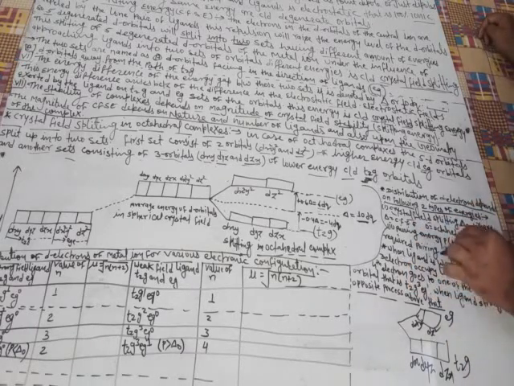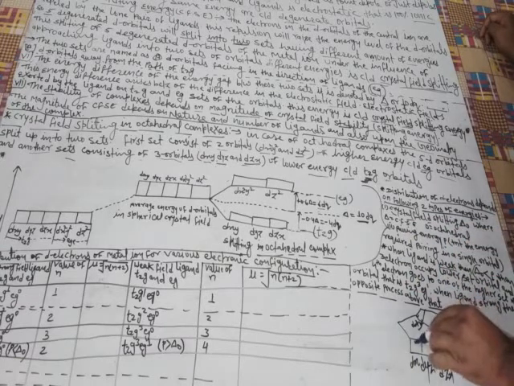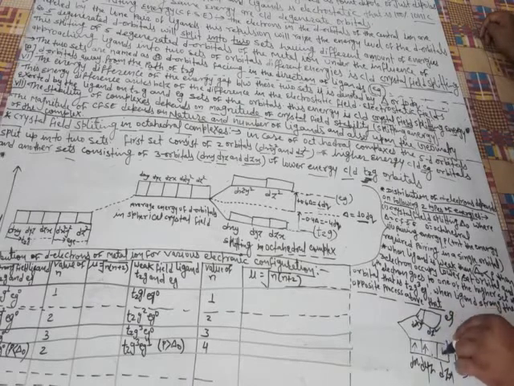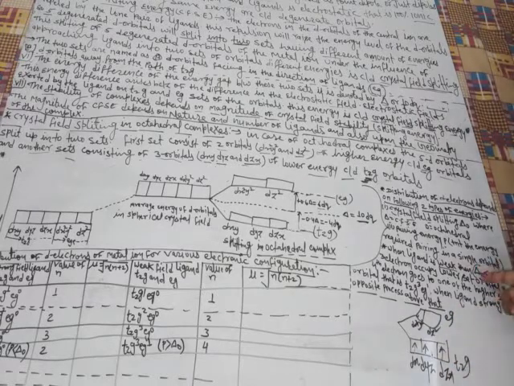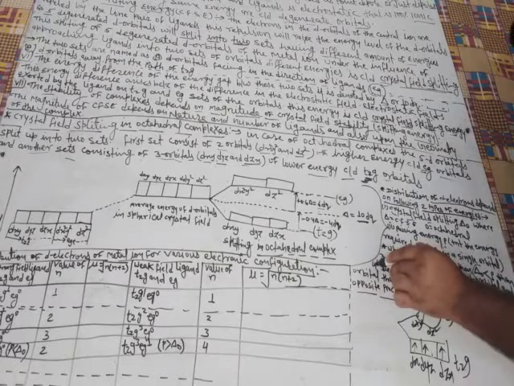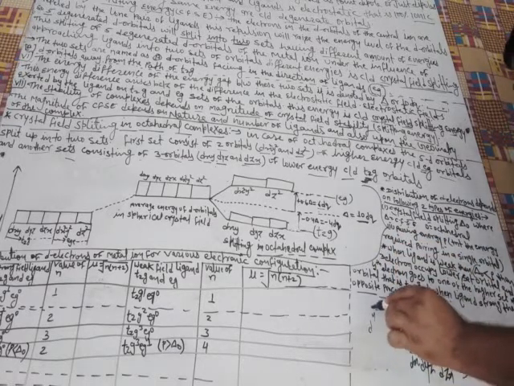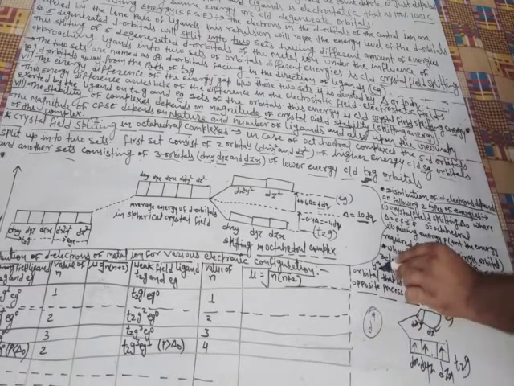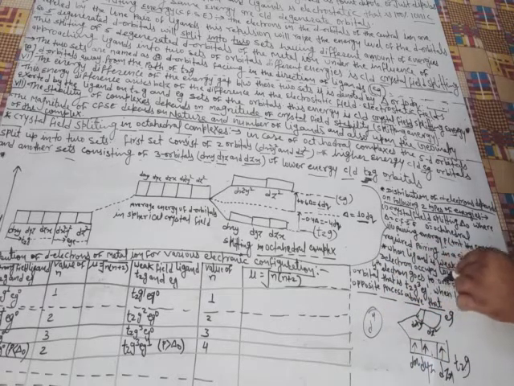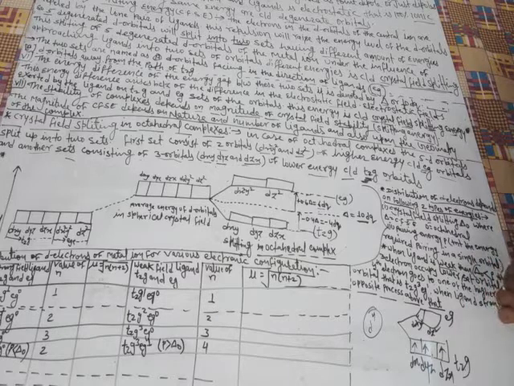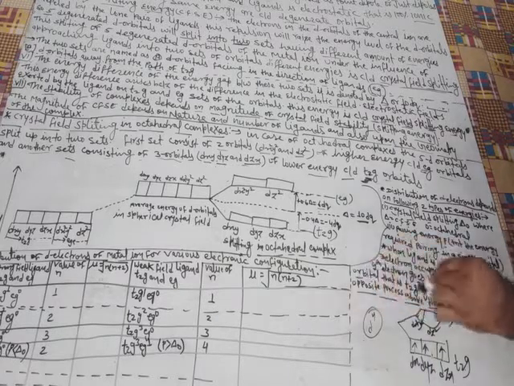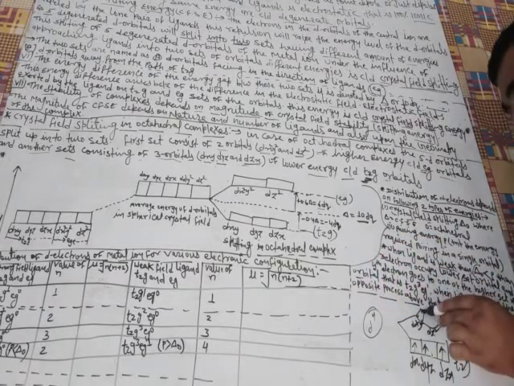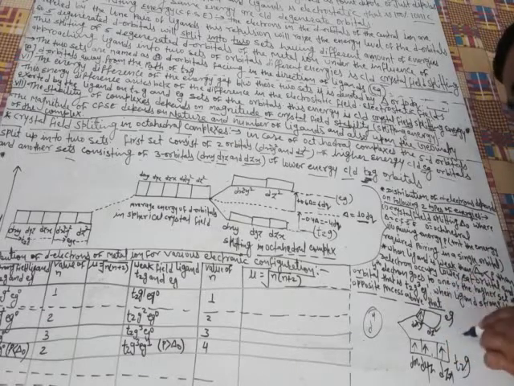When the ligand is weak, 3 electrons, 1, 2, and also 3, go into the lower set of orbitals, and the 4th electron goes to the higher set. When the d electronic configuration is d4, the d4 electron goes to one of the higher set of orbitals because the energy is split when the ligand is weak.